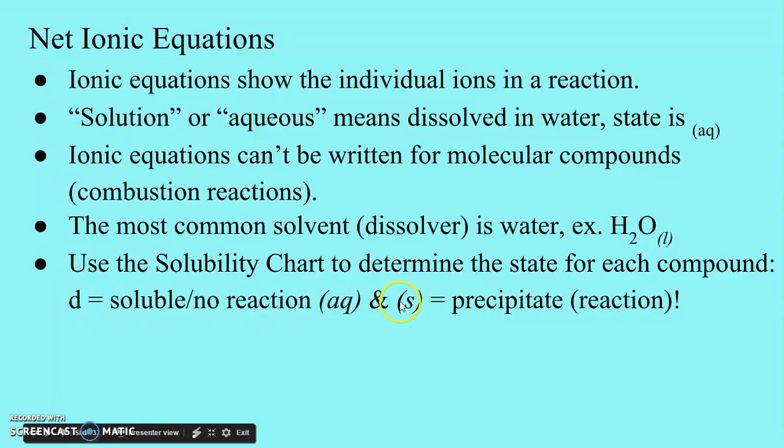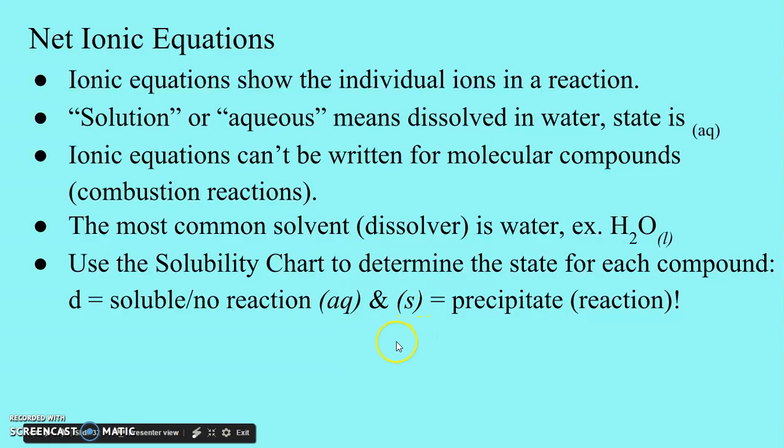If you get that precipitate on the product side, then you have a reaction. If you have the solid on the reactant side, that means it doesn't dissolve in the solution and you're probably not going to get a reaction. Our solubility chart helps us determine if things stay aqueous or form solids.